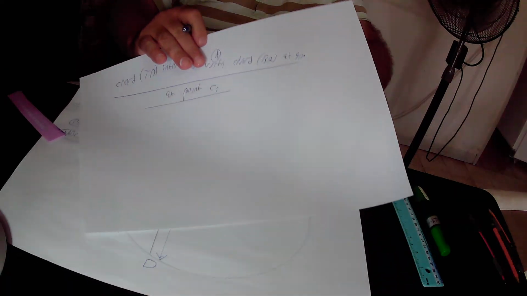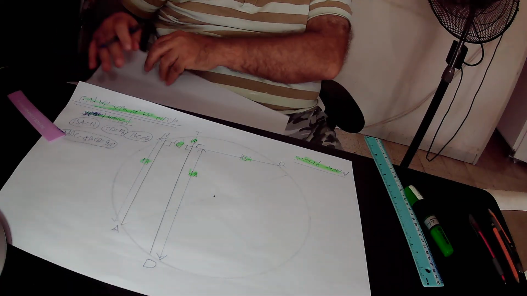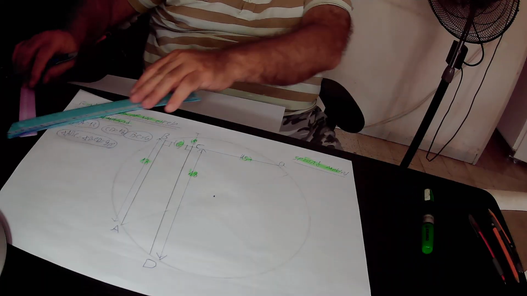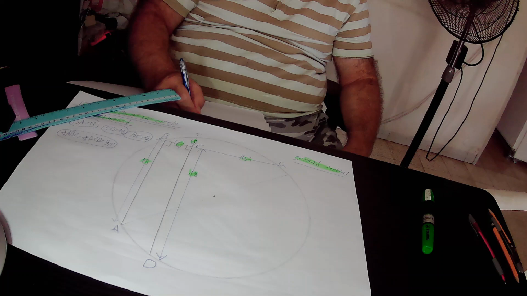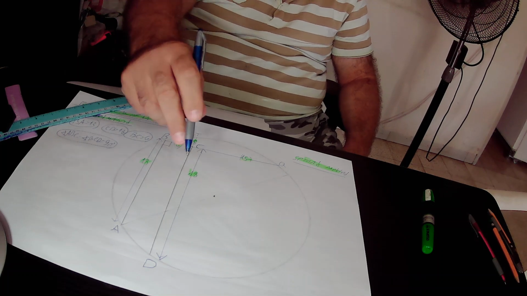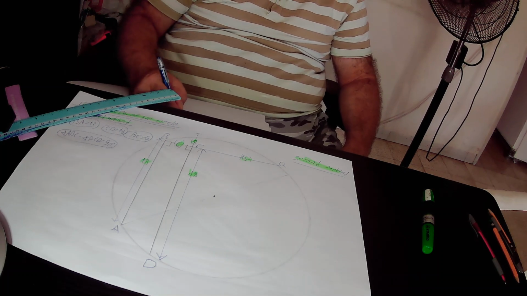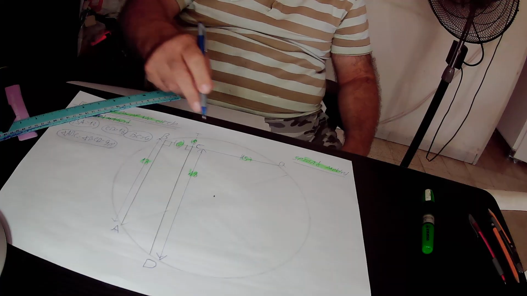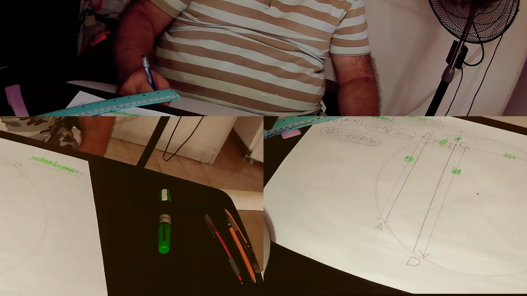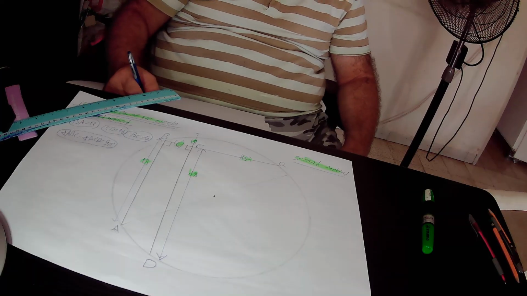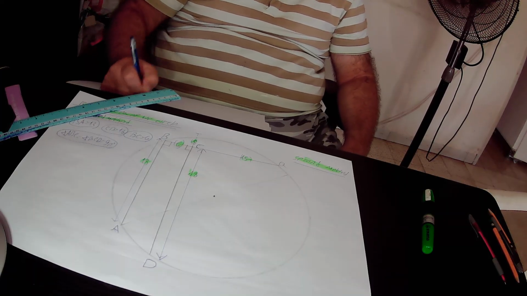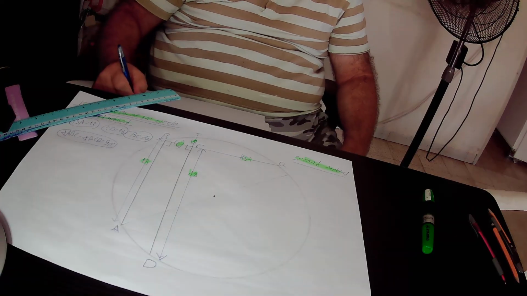According to rule 26, the following equation is true: TC square plus CD square plus BC square plus CQ square equals 4R square.